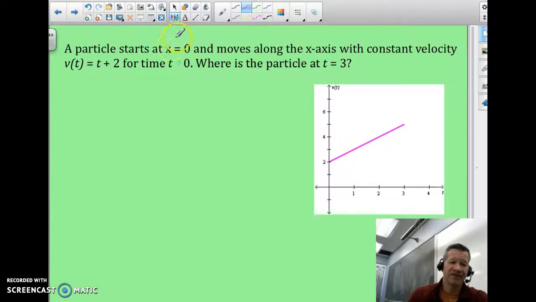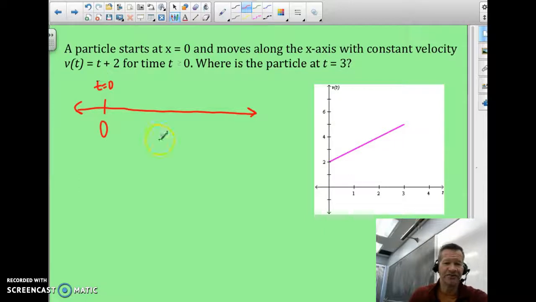Well, again, it started at x equals 0, so its starting point matters. So if I draw an x-axis, we know that this particle starts at 0 at time 0, and it's moving along the x-axis. Where is the particle at time 3? Well, again, velocity times time equals distance. So this area under here will give us the distance.